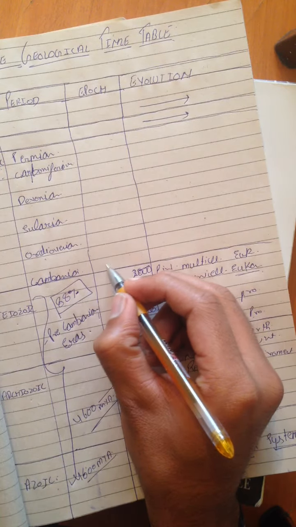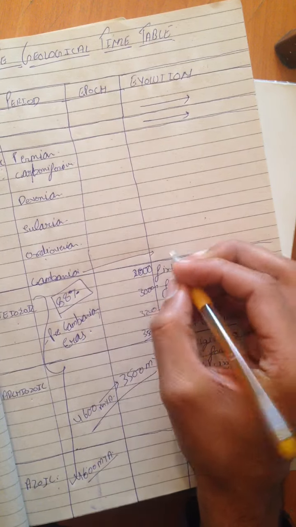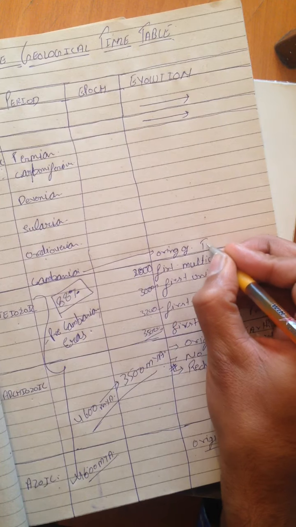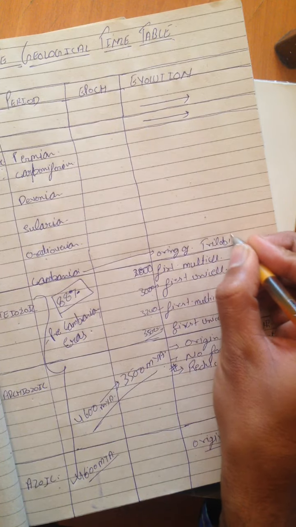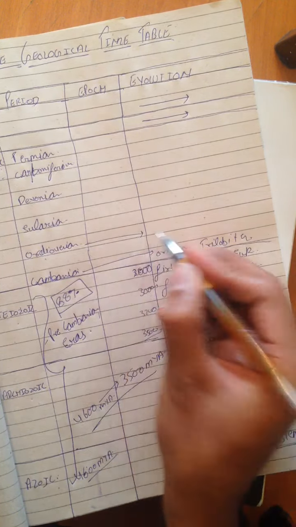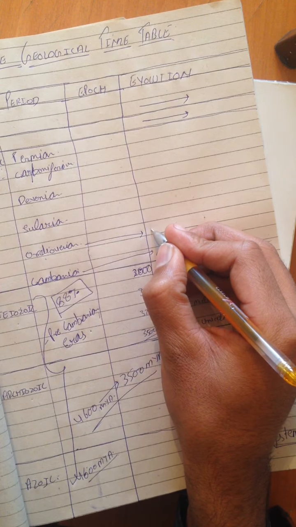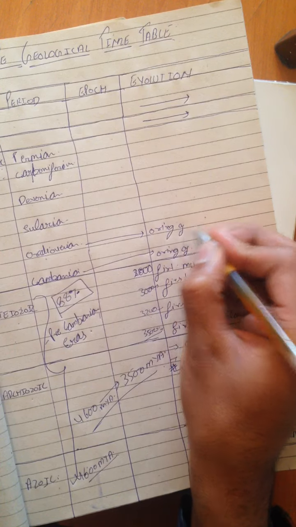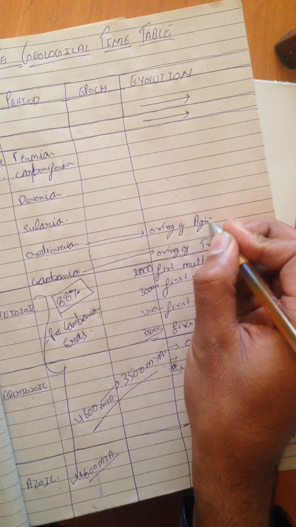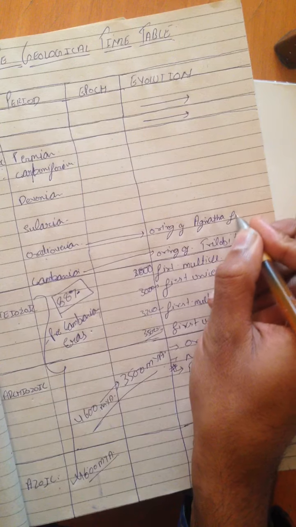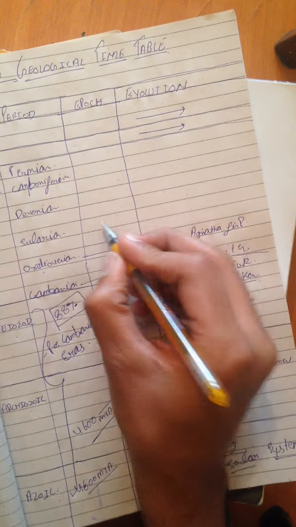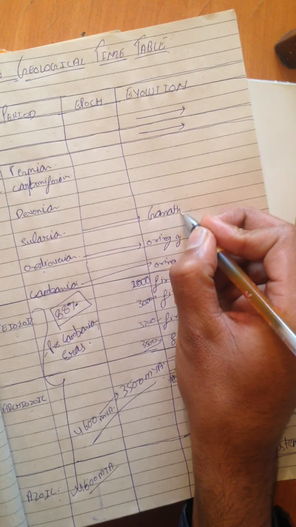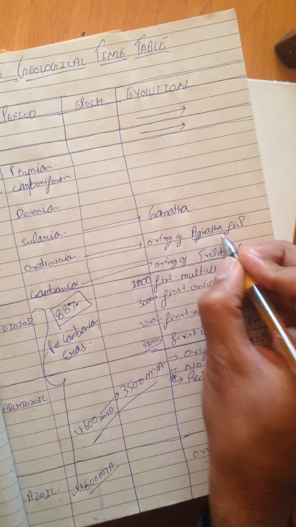There are no epochs, so we are talking about the evolution. Origin of trilobites. In Ordovician, first Agnatha. Agnatha means fish. Origin of Agnatha fish. Then in Silurian, Gnatha fish. Agnatha is what?